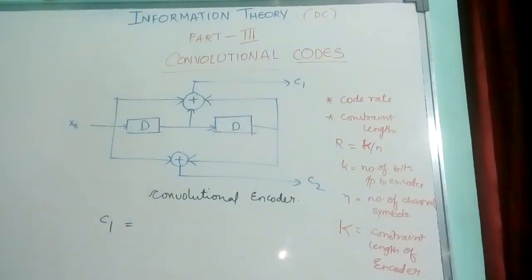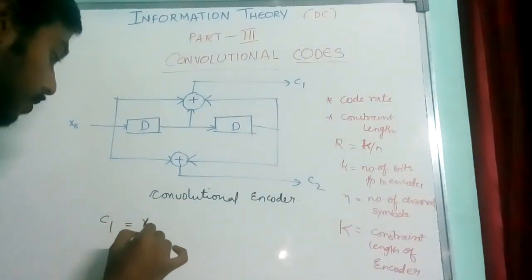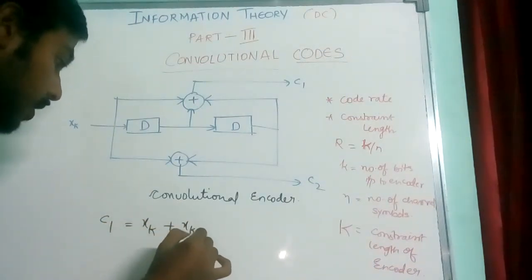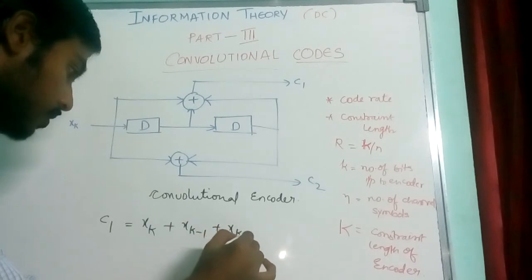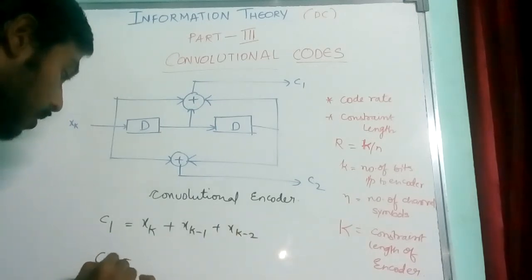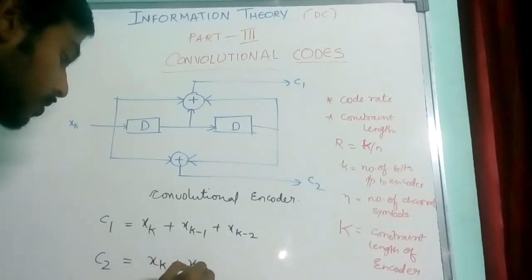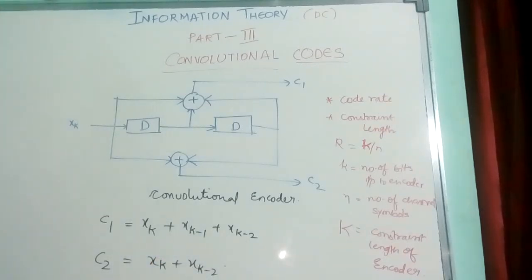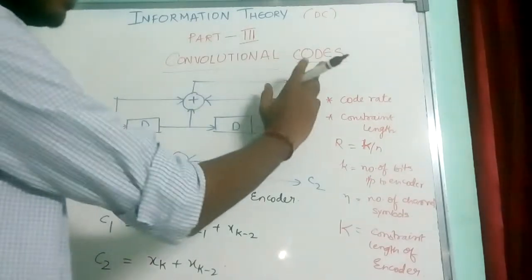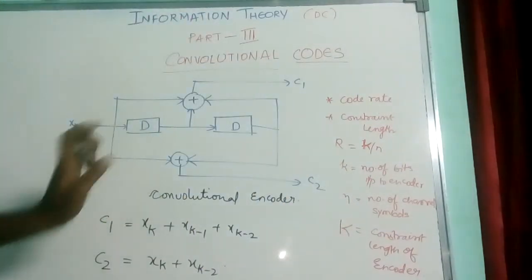For C1 to be the output, I have xk, xk minus 1, xk minus 2. Similarly for C2, I have xk and xk minus 2. These two are the equations governing the input and the code words of the encoder.